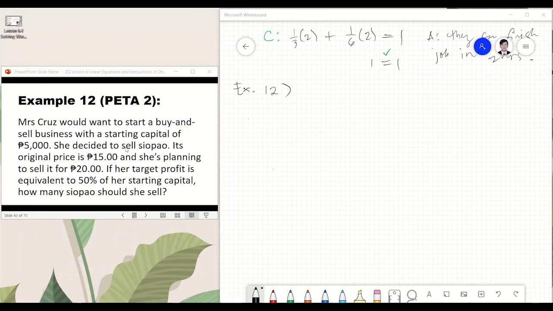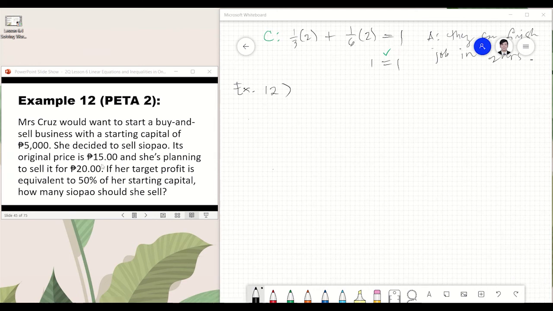So, ano yung ibig sabihin ng capital? So, yung starting capital, it refers to the amount that you will use for your business. So, kumbaga, 5,000 pesos uubusin ni Mrs. Cruz para makabili ng mga siopaw na yung original price 15 pesos. Okay?